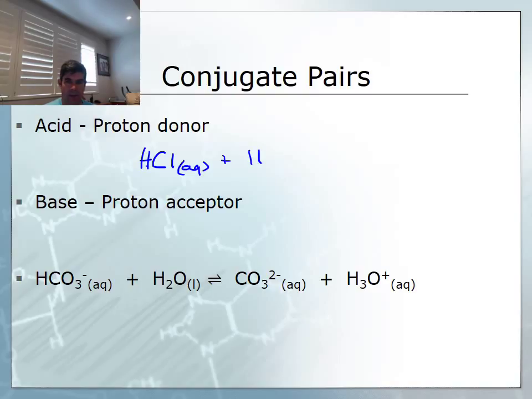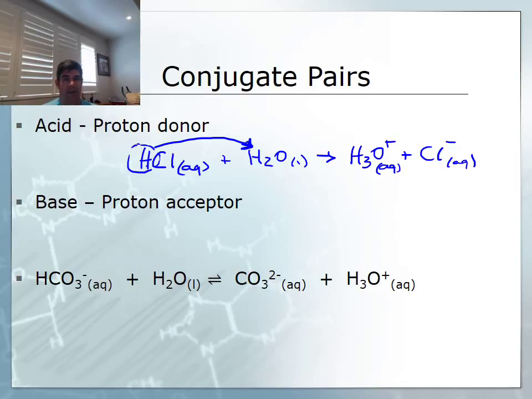So when we mix that with water, liquid, we are going to get a completion reaction, an H3O+ and a Cl-, and both of these are aqueous solutions. So the hydrogen here has actually gone to here.